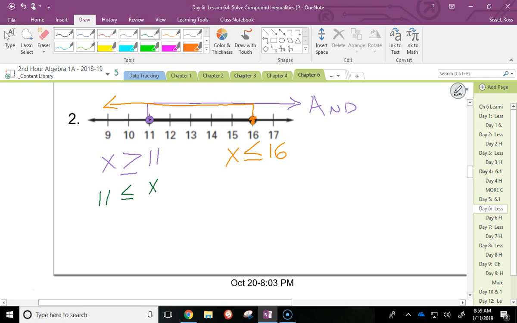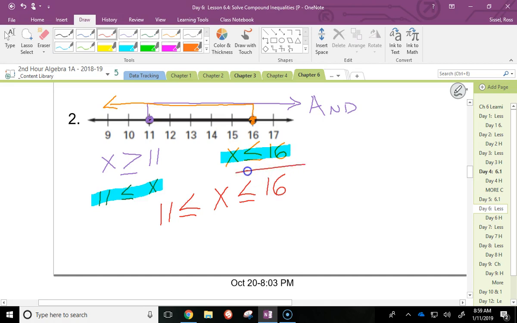We now just write these together, but I'm only going to use one x. I'm going to use this equation and this one and just merge them. When I write my answer, I will say 11 is less than or equal to x, and there's my x, so I'll say x is less than or equal to 16.